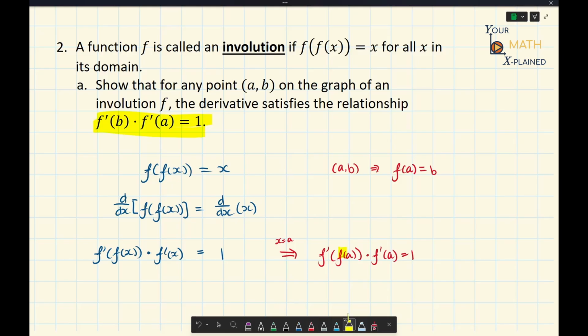But since f of a is equal to b, we can go ahead and substitute that in. So that means we get f prime of b times f prime of a is equal to 1. And thus, we have shown that this relationship is true for any point (a, b) on the graph of f.